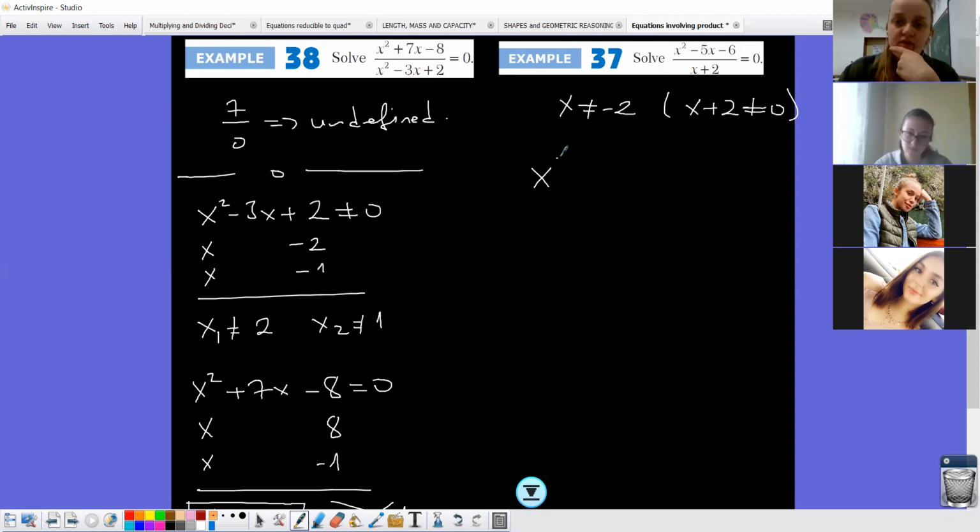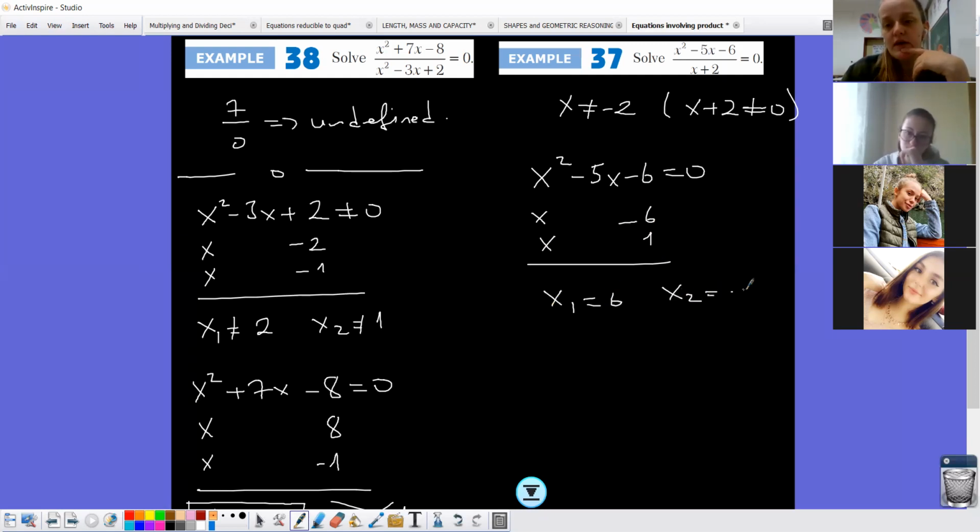Now, when I solve the numerator, what I will get here is x minus 6, x plus 1. Then x1 is equal to 6, x2 is equal to -1.